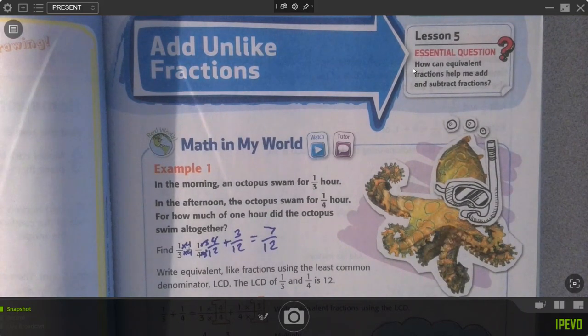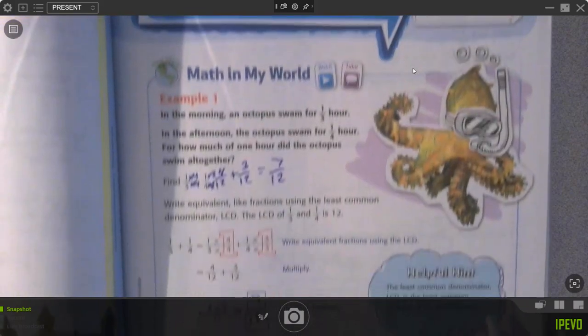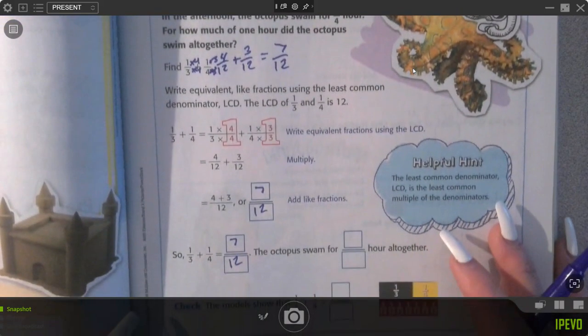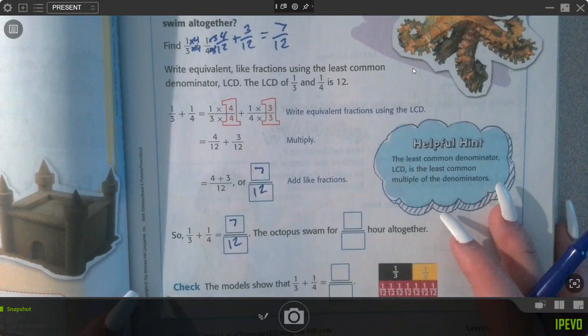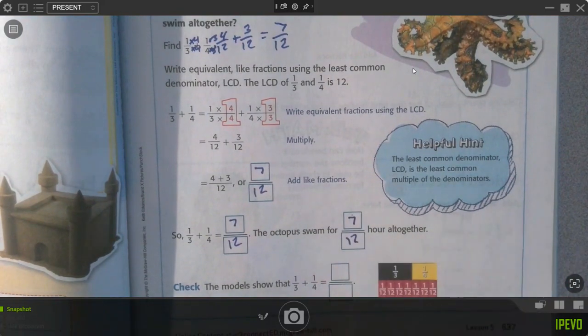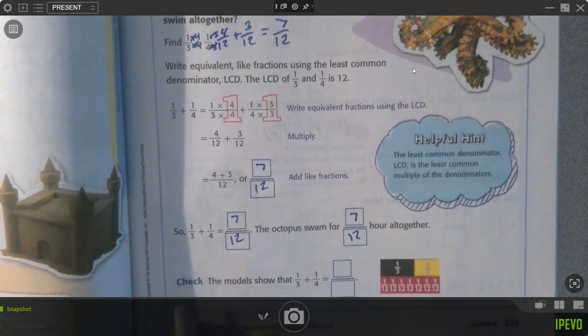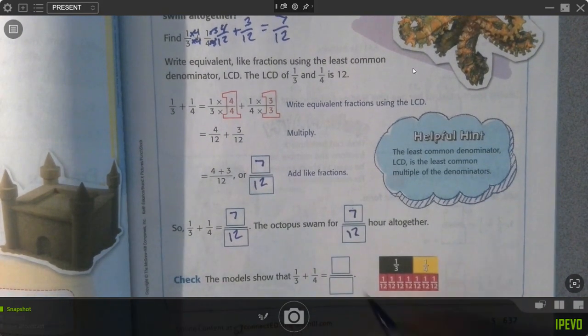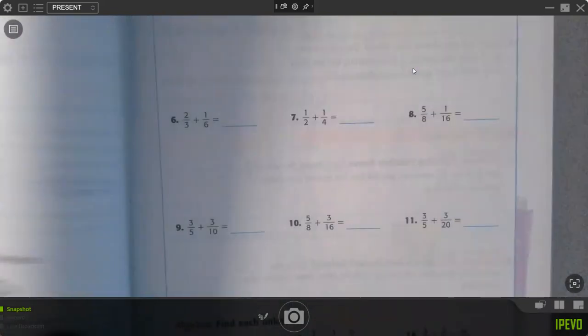All right. And then, so 1/3 plus 1/4 equals 7 over 12. The octopus swam for 7/12 of an hour altogether. The model shows that 1/4 plus 1/3 is 7/12. Right. Time for the next page. Flip.